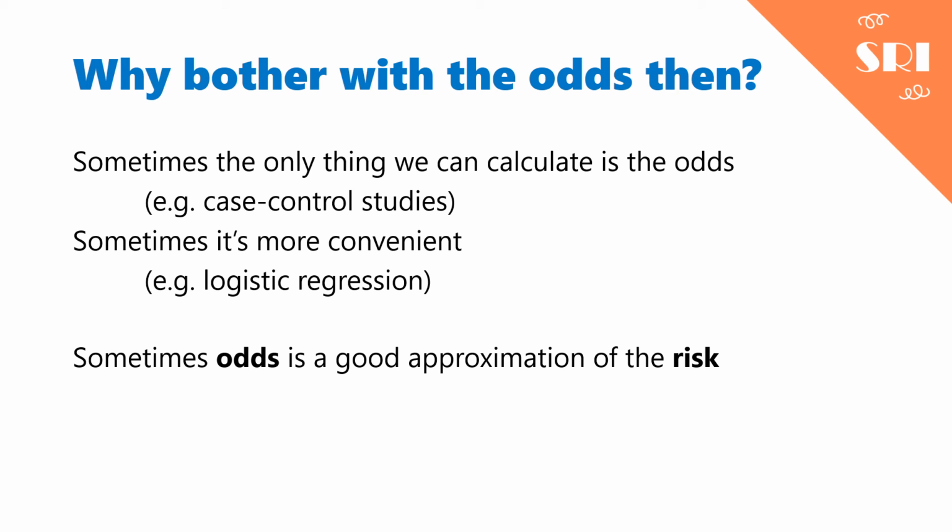And sometimes odds is actually not so bad. Sometimes odds is a good approximation of the risk. That works under a certain condition, that is, the disease being studied is actually rare. And I'm going to show you why. Imagine this is a population. We're going to do a similar calculation to the one we've done to compare the risk and the odds.